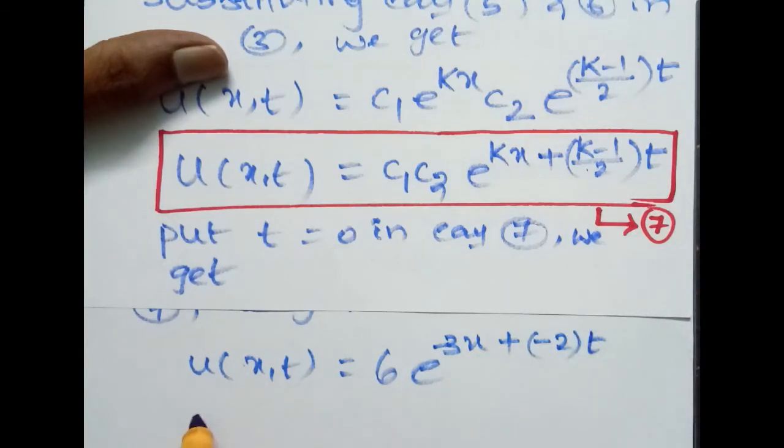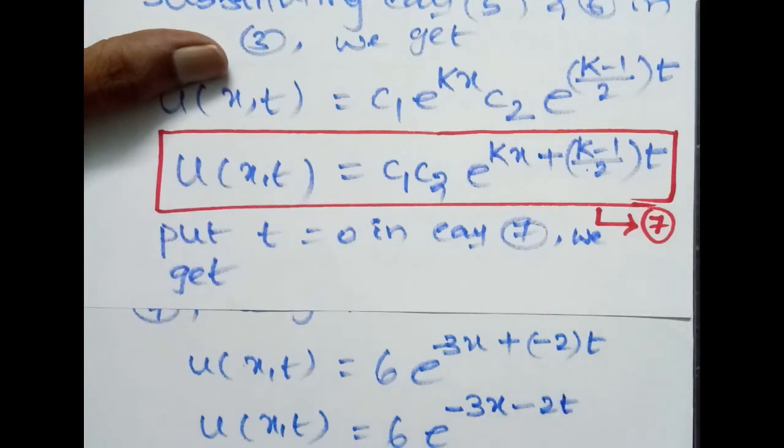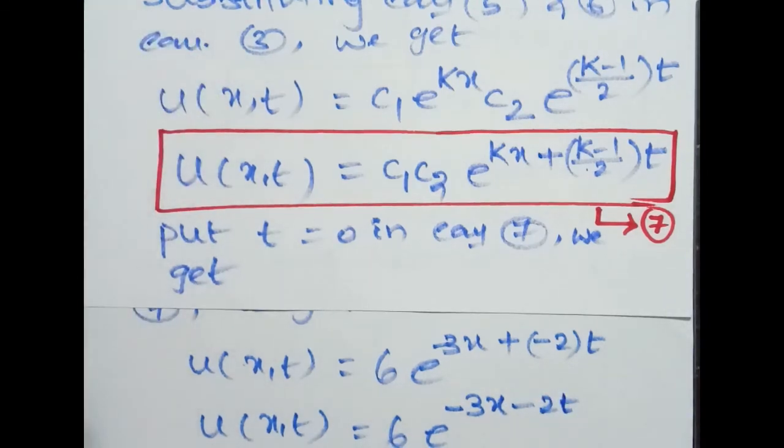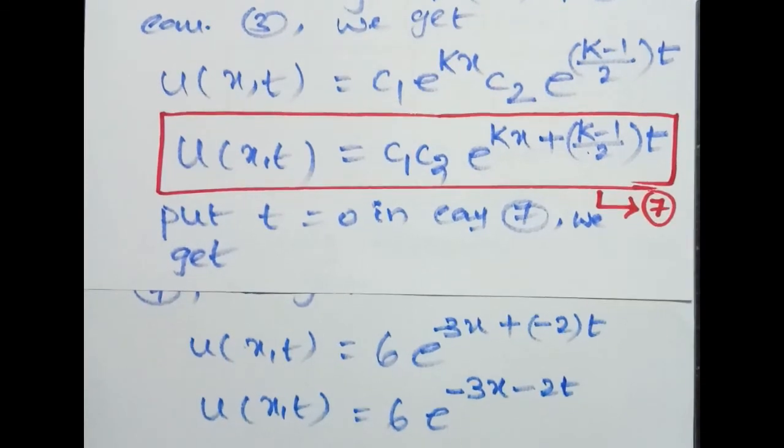Therefore, u of x comma t is equal to 6 into e to the power of minus 3x minus 2t. So this is our required solution.